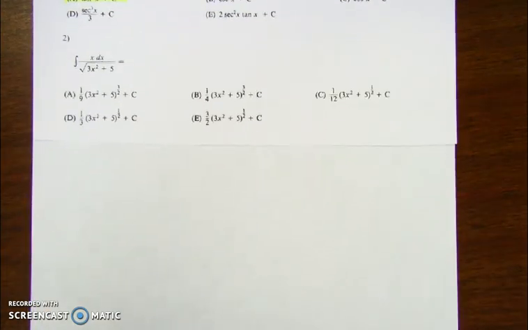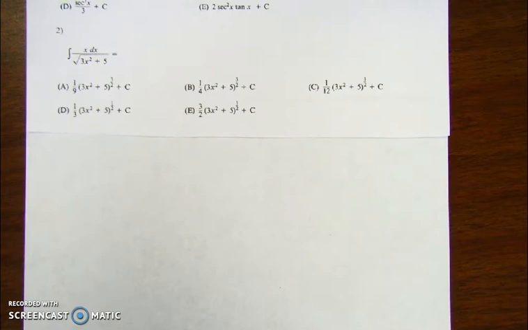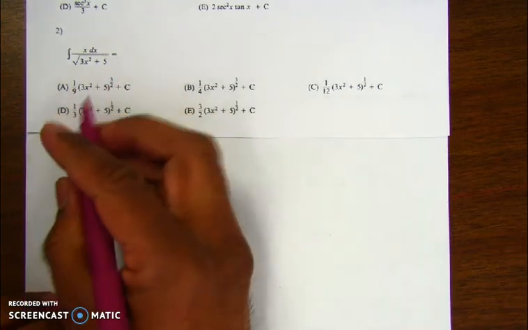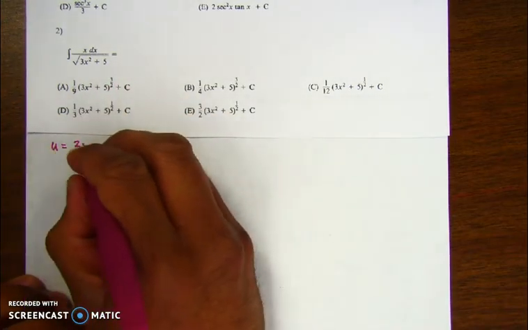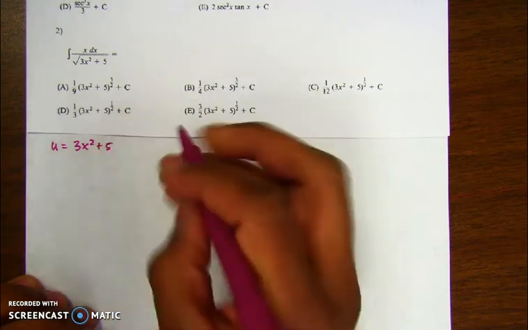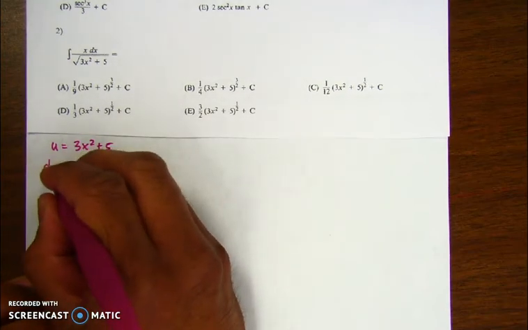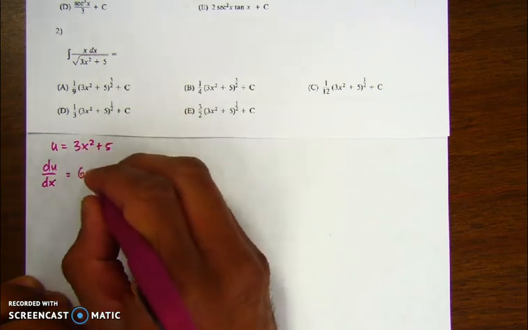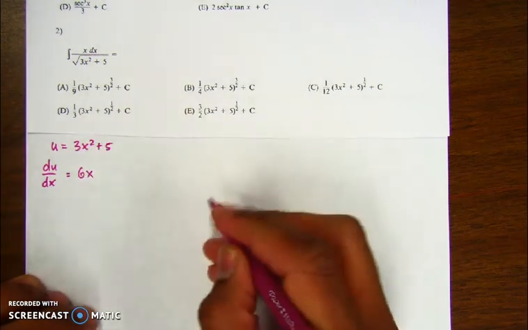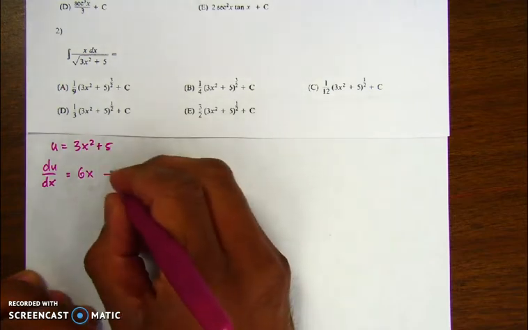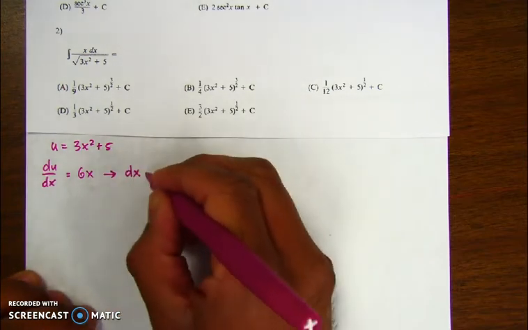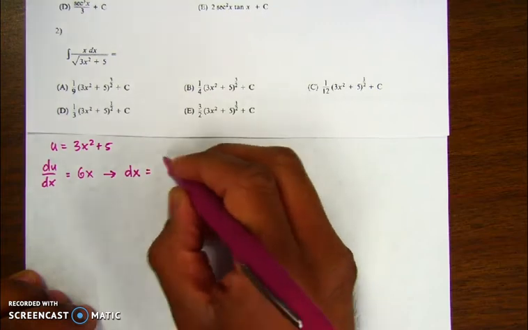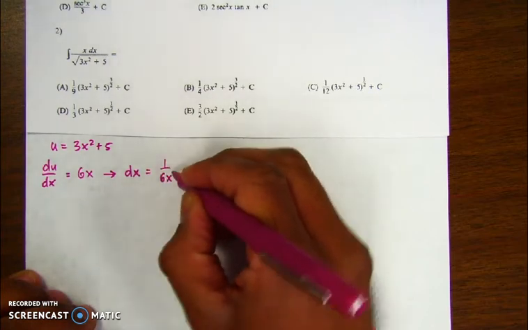Problem number 2 is a u substitution problem. So if you allow u to be 3x squared plus 5, and the derivative with respect to x is 6x, that's the same as, after you rearrange, dx is equal to 1 over 6x du.